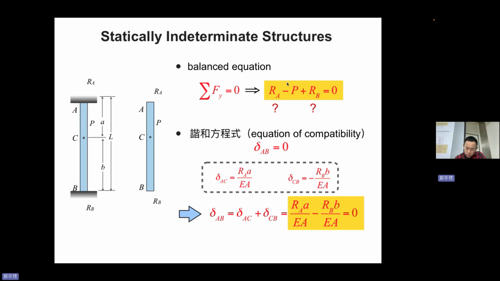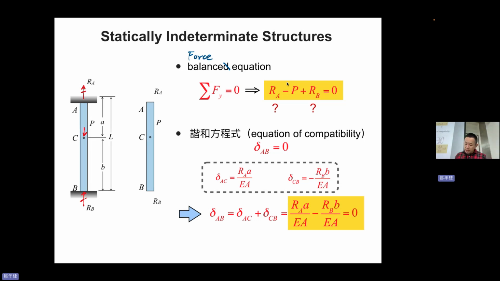Okay, so RA, RB, and B is here, right? Again, we want to solve this.